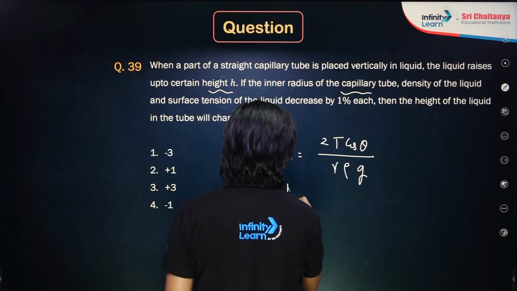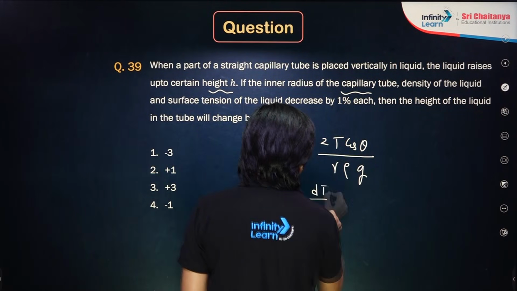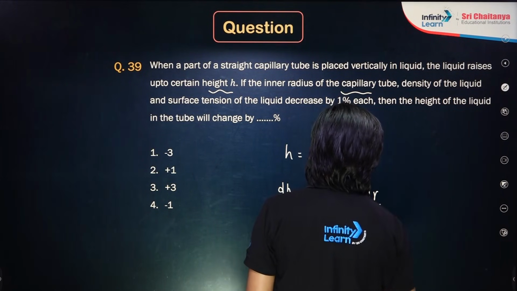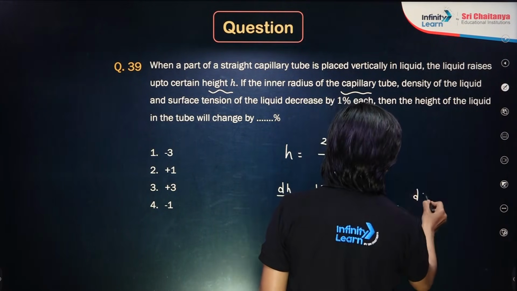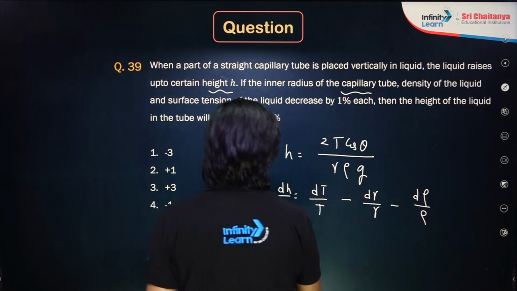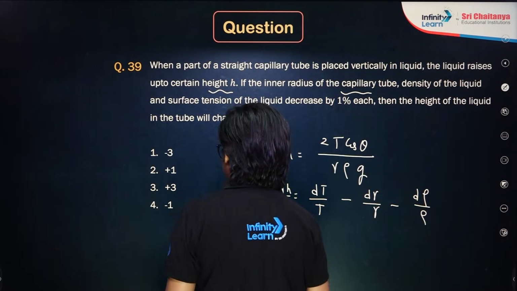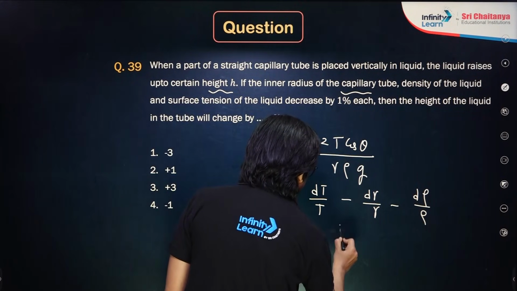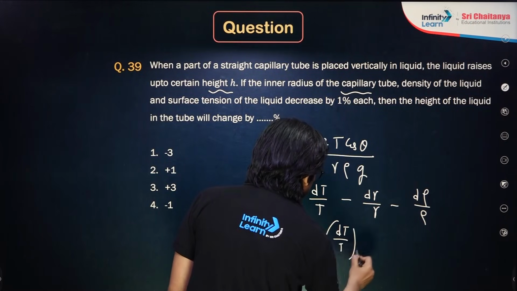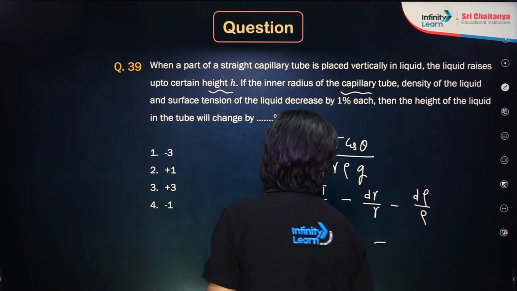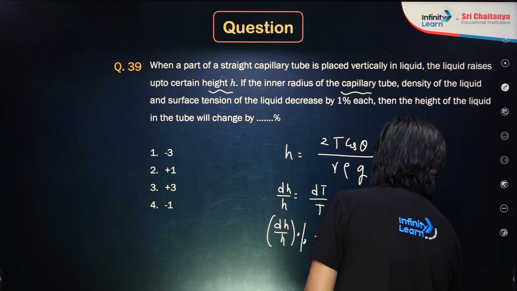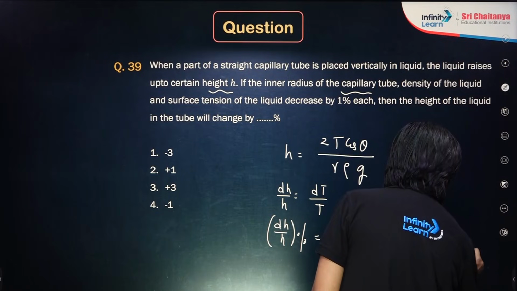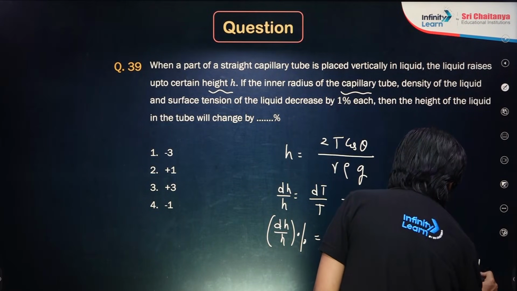So you can write dh by h is actually equal to dt by t minus dr by r, minus d rho by rho. If you write in percent, that change in percent, I can also write that dh by h percent is actually equal to dt by t percent, minus dr by r percent, minus d rho by rho percent.